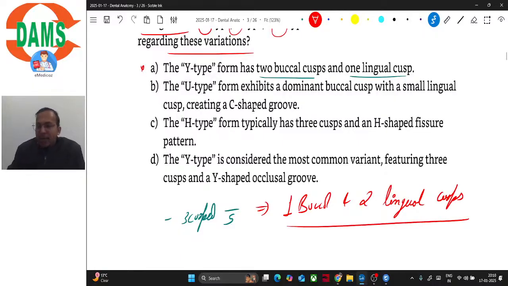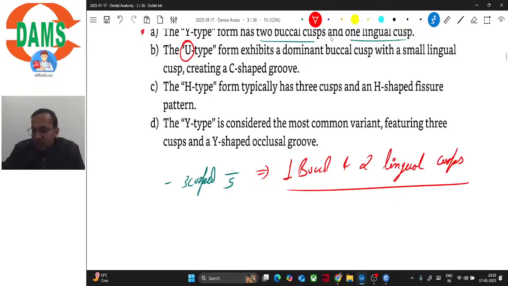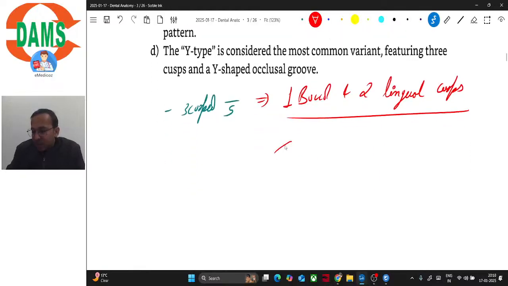Option B: the U-type form exhibits a dominant buccal cusp with a small lingual cusp, creating a C-shaped groove. Now this groove isn't C-shaped. Basically, what we mean is the central groove is U-shaped and not C-shaped, isn't it? And why is it U-shaped?